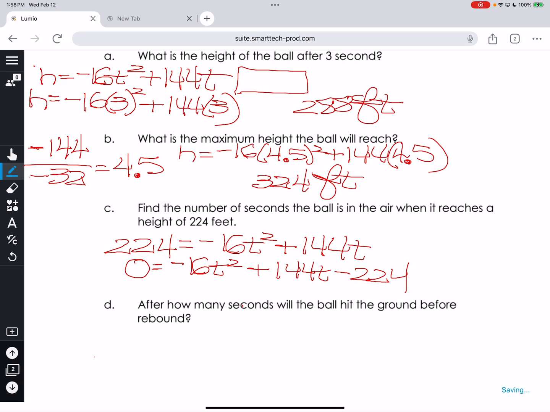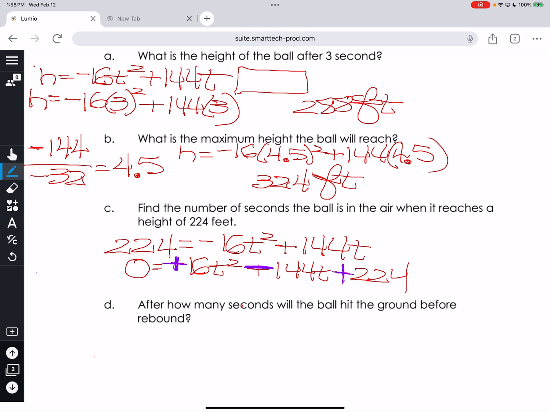To factor, though, what does the lead coefficient need to be? Has to be positive. So that means all of the signs change. So plus 16t squared minus 144t and plus 224. Those are some big numbers.